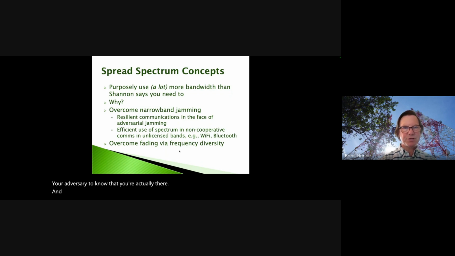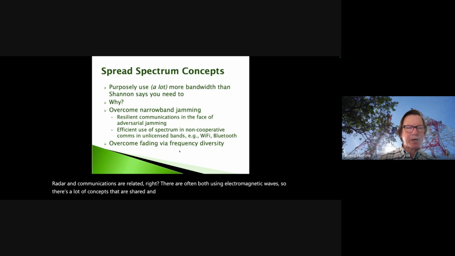As it turns out, we have missiles that have homing on them that will home on to, let's say, a radar installation. Radar and communications are related. Right? They're often both using electromagnetic waves. So there's a lot of concepts that are shared. And radars often use spread spectrum technology also.